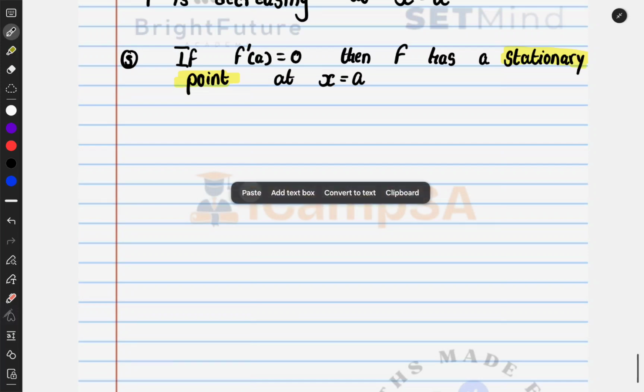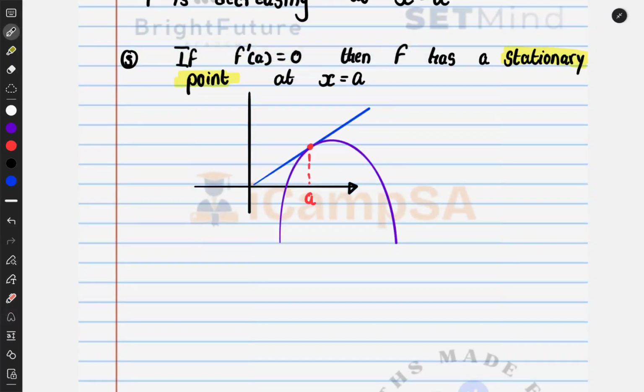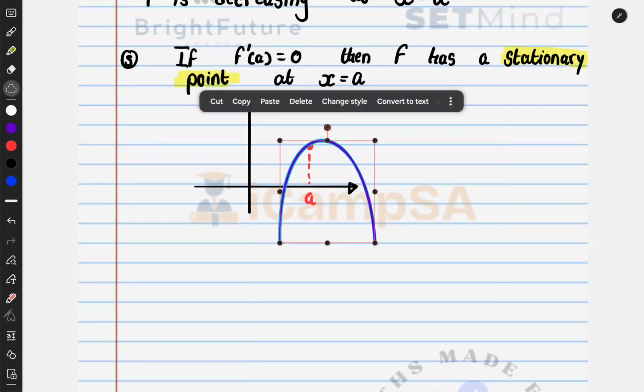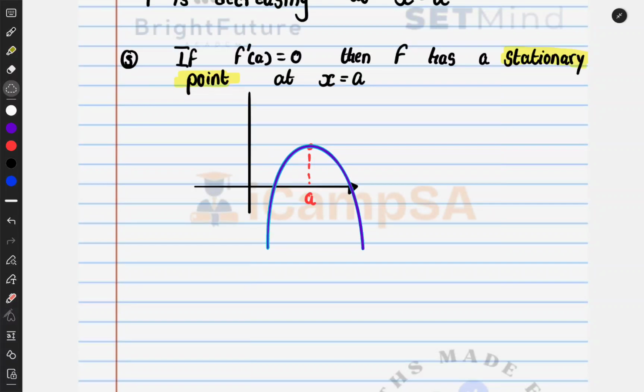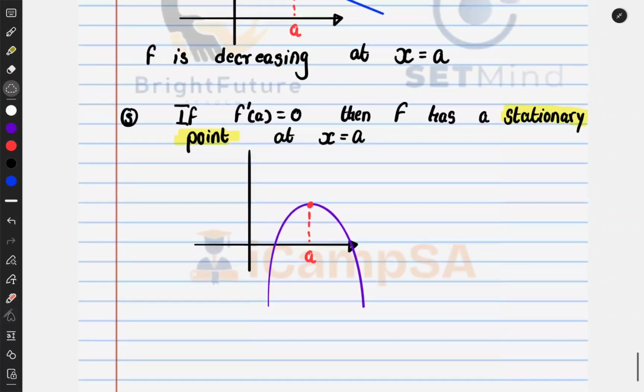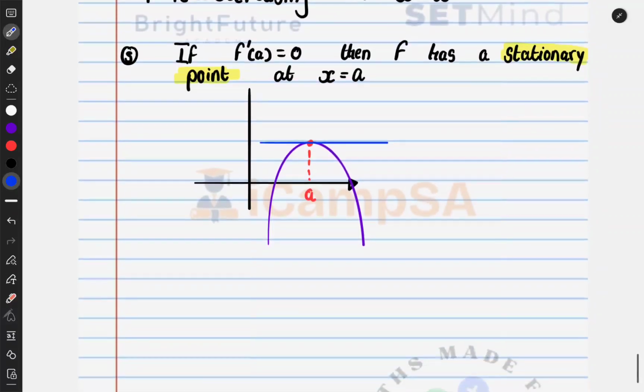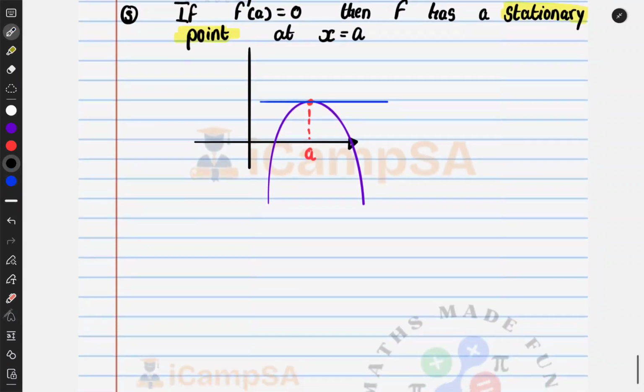Now let's show graphically what we mean. A stationary point can also be our turning point, and it can also be a point of inflection if we are dealing with cubic functions.